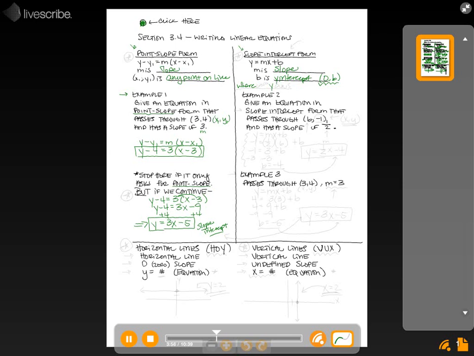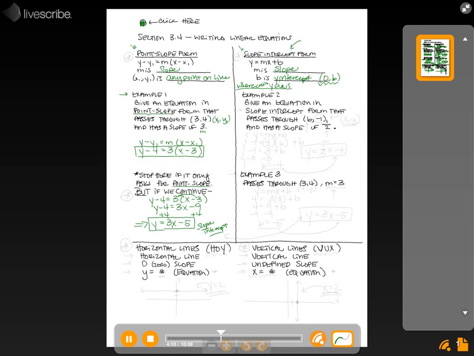And it's where the line crosses the y-axis. And I know that's sloppy, I wrote it out of order. It's where the line crosses the y-axis. But it's a specific point on the line, unlike point-slope. Because in point-slope, we could use any point. In slope-intercept, it has to be the intercept.